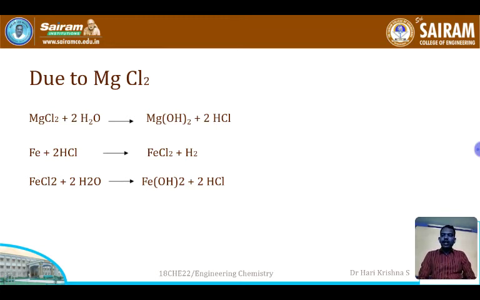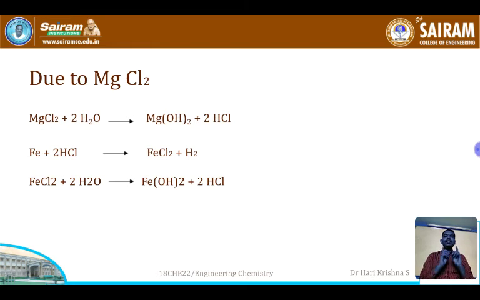If the boiler water contains magnesium chloride, then the pH value increases to 8.5. So 8.5 means obviously the water is basic. Under these conditions, that is magnesium chloride under high temperature and pressure and under alkaline condition, magnesium chloride gets converted to give magnesium hydroxide and HCl.